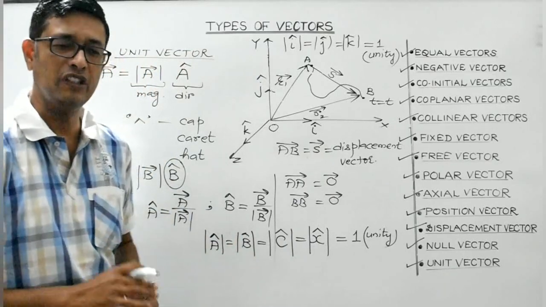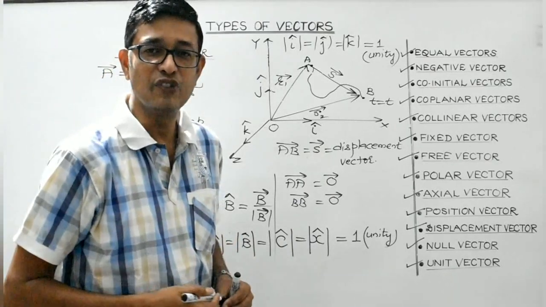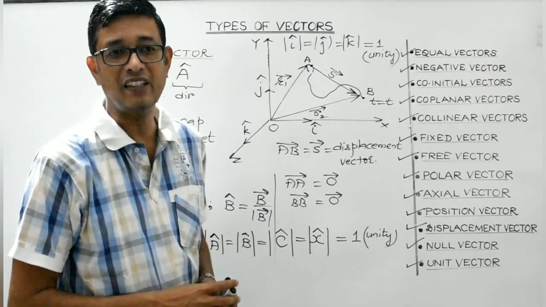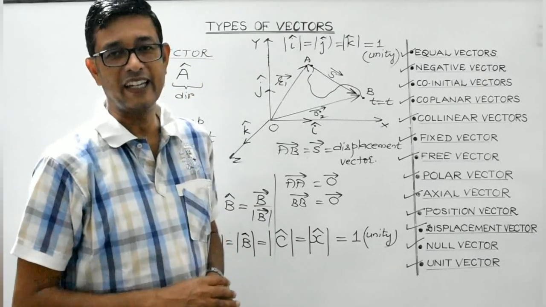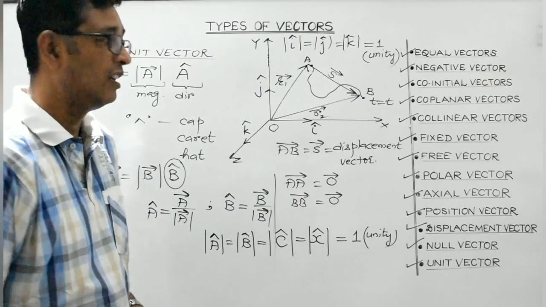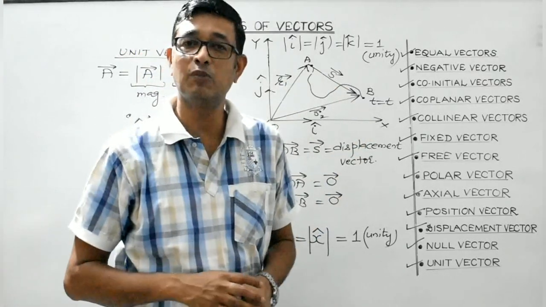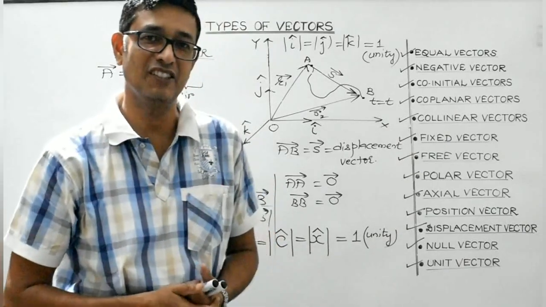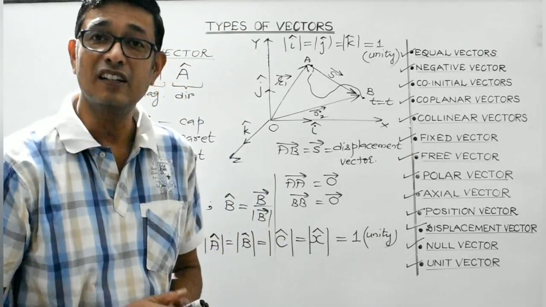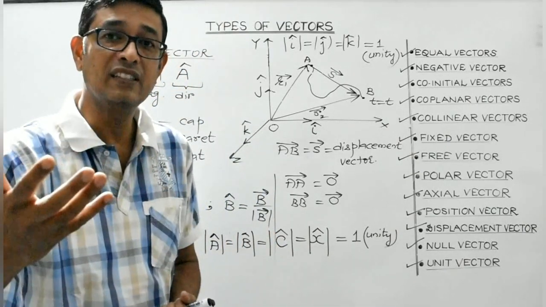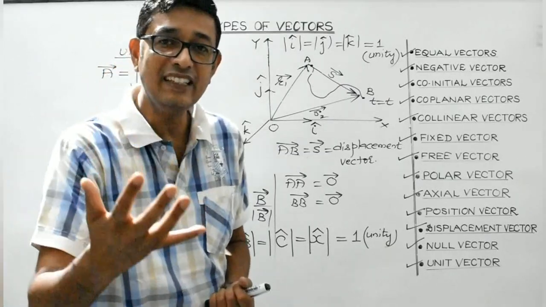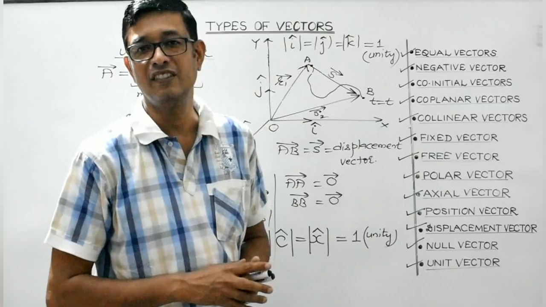Clear, students? So these are the three unit vectors which we'll be making use of very frequently in the coming sessions, i cap, j cap and k cap. So students, in this session we have discussed vectors and various types of vectors. There are different physical quantities as well, like vectors, scalars, as well as tensors and phasors.